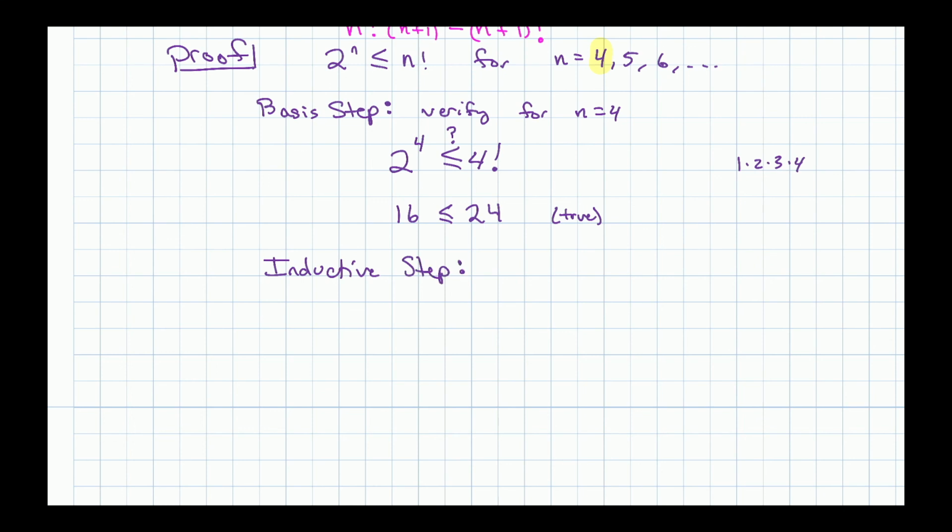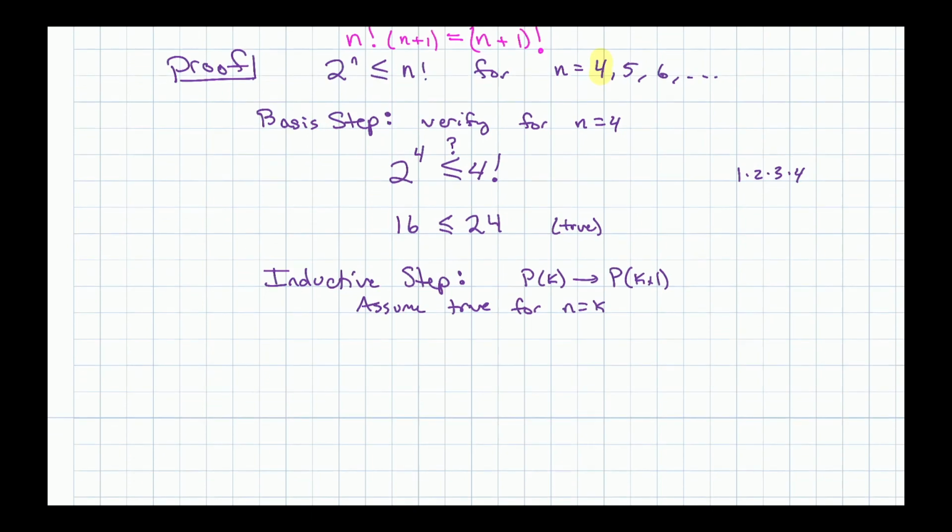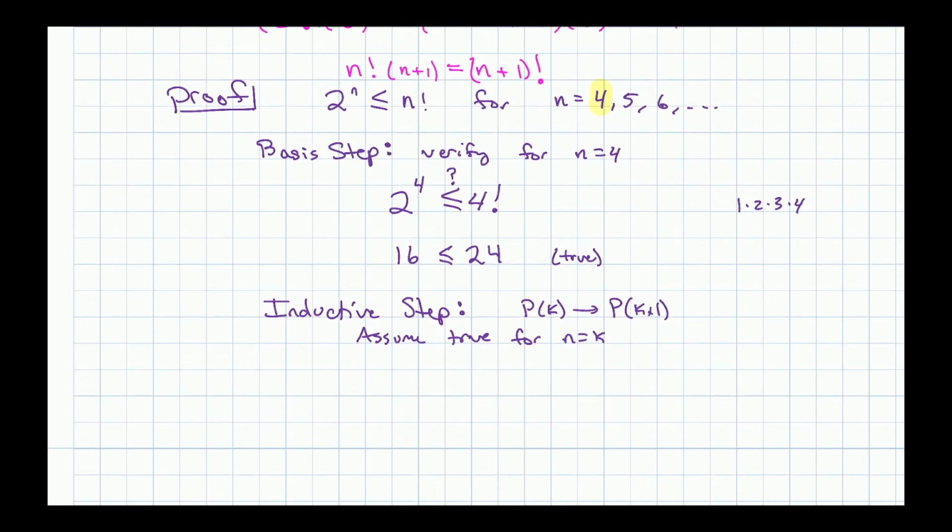For an inductive step, we need to make an assumption, the induction hypothesis, because we're trying to go from P(k) implies P(k plus 1). So we need to assume that P(k) is true. So we assume the property is true for n equals k. If we assume it's true for n equals k, then we just come up to the thing we're trying to prove and put a k there.